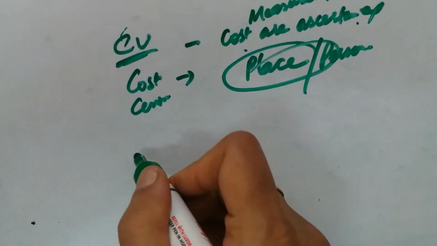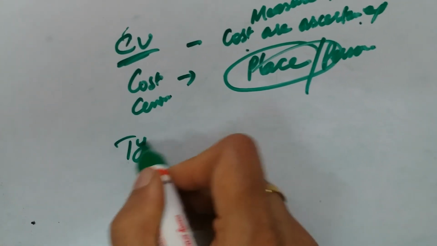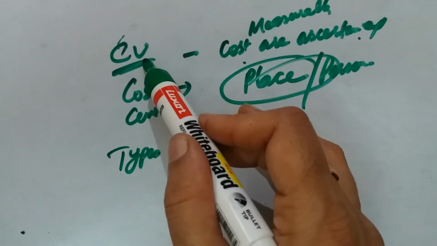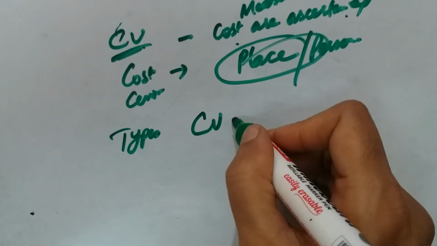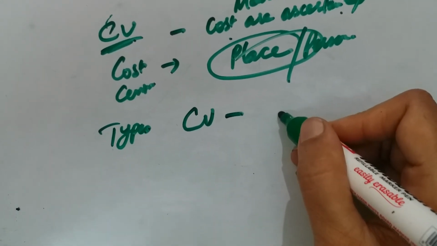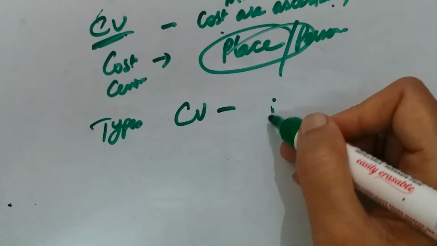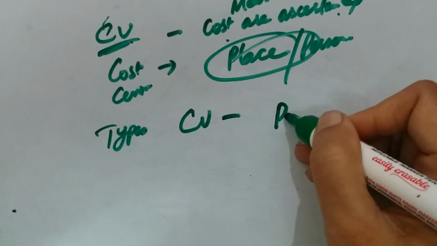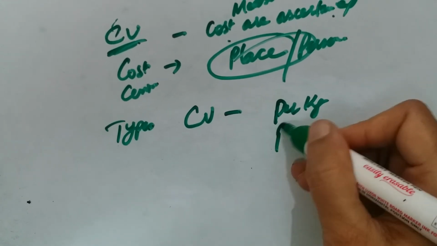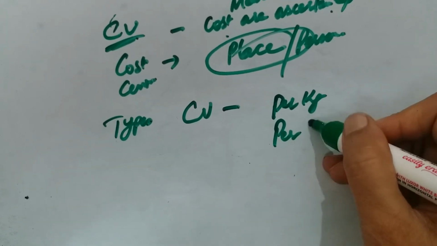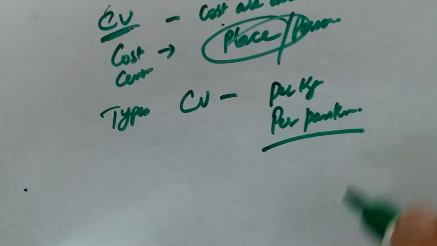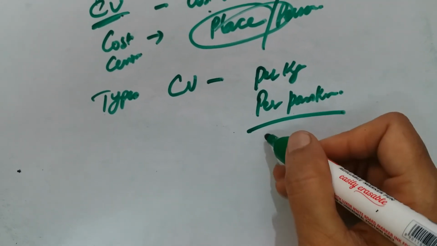Then types. A cost unit usually has two types, simple and composite. Simple was per kg, per liter, per centimeter, and composite or compound was per passenger kilometer, as I explained, in the case of the transport industry.